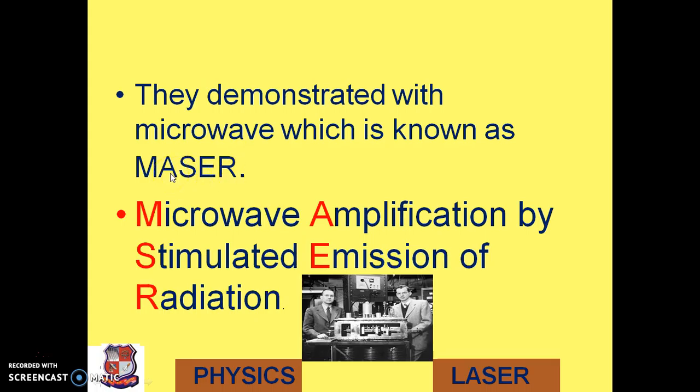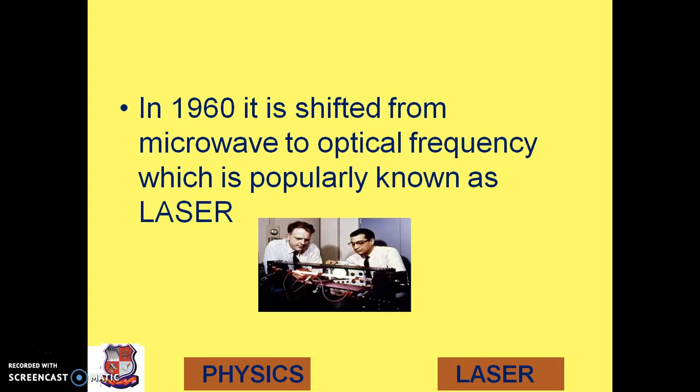After 7 years they shifted from the microwave frequency to the optical frequency, which is popularly known as the laser, that is, light amplification by stimulated emission of radiation. So that's how the laser was invented. It took around 40 years to convert the basic theory into practice.